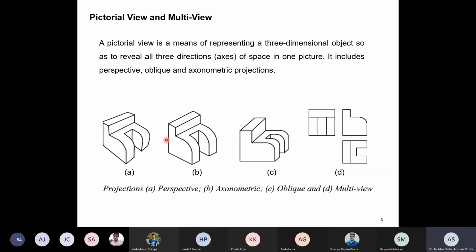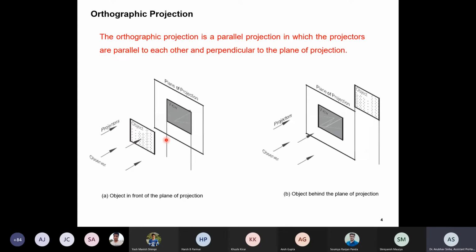So these are the different views, and let us talk about orthographic projection. The idea is, let us say this is an object. It is looking like a plane, but let us say it is a 3D object, and your observer is sitting here, looking at it, and these are called projectors.